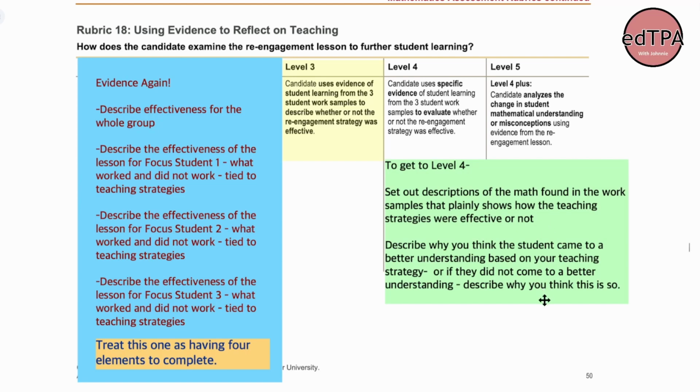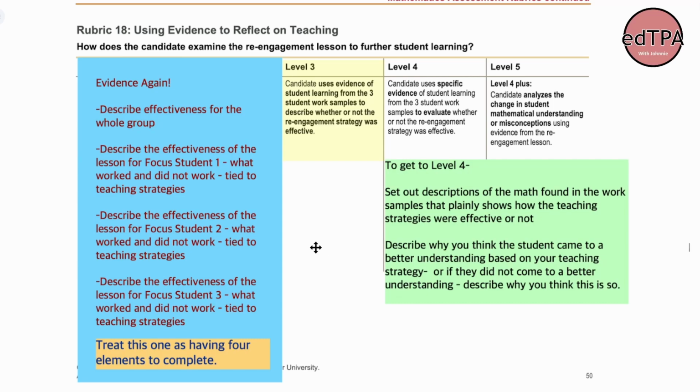Describe why you think the student came to a better understanding based on your teaching strategy. Or if they did not come to a better understanding, describe why you think this is so. So this is about the evaluation part, and the first is about specific evidence. Specific evidence, much more detail in regarding the student's work. And then for the second part, the evaluation, you're giving some description of why you think things came about the way they did.